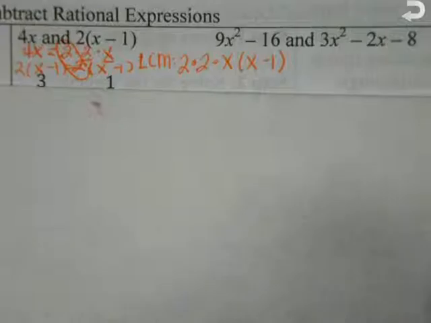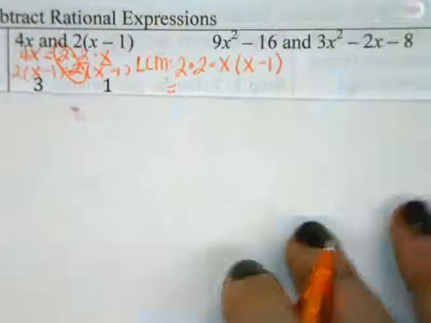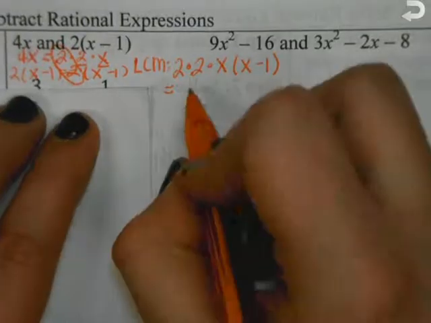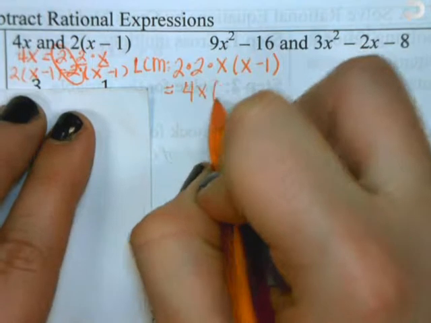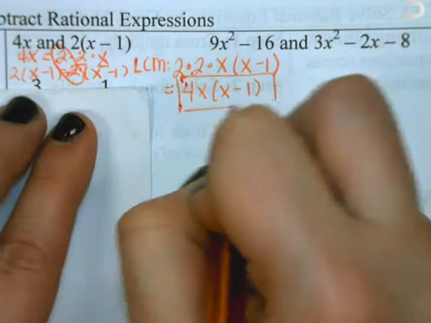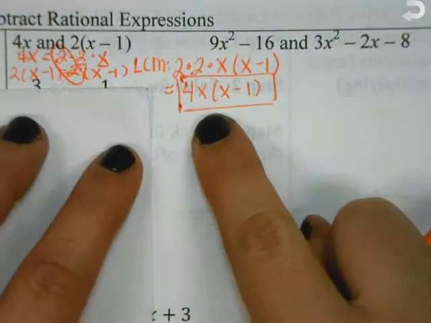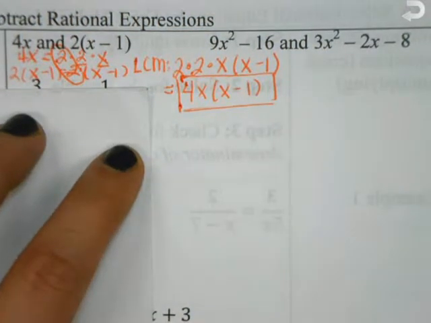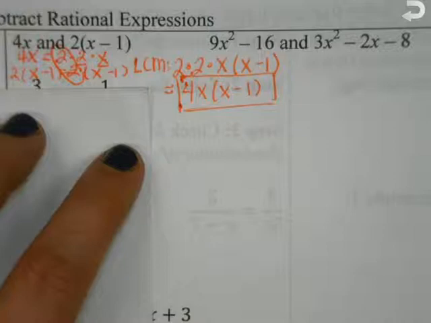So my LCM would end up being 4x, and you can leave x minus 1. You don't have to distribute. So my LCM there would end up being 4x times x minus 1. Is everybody okay with that? Yeah?